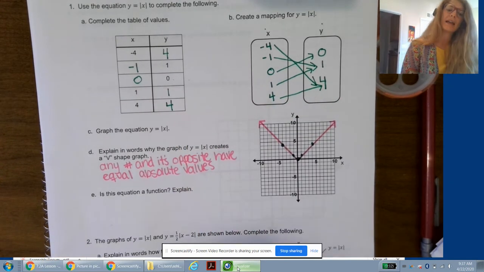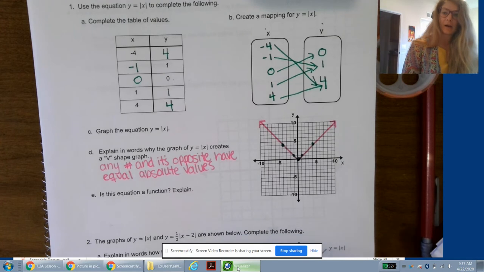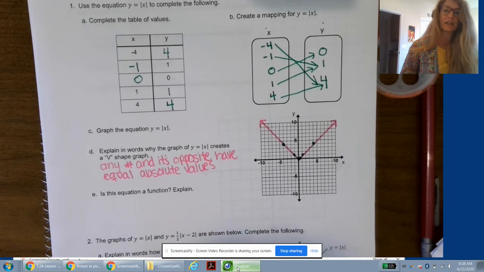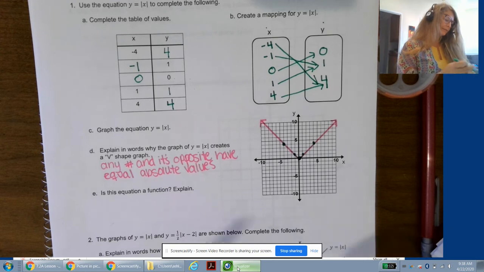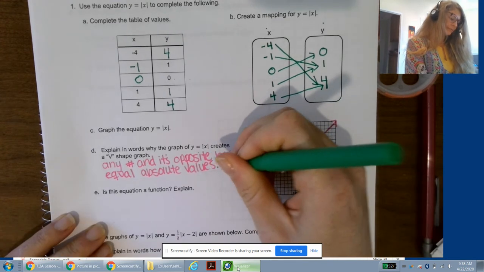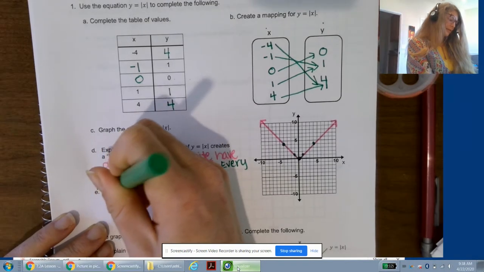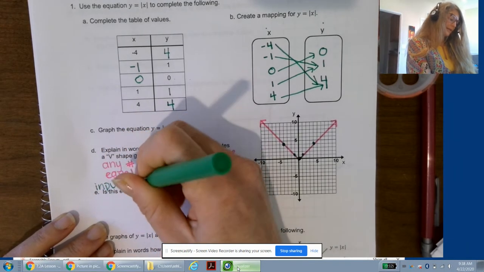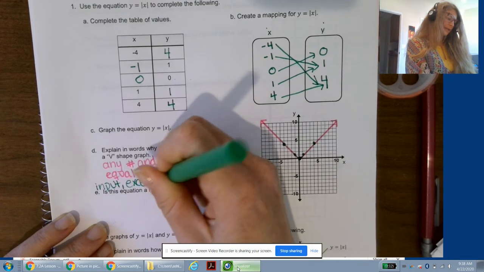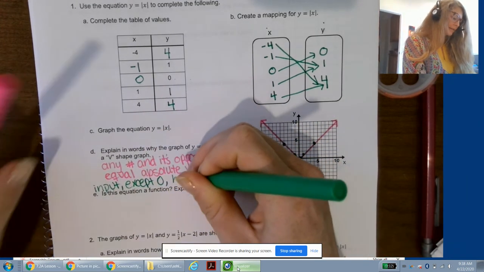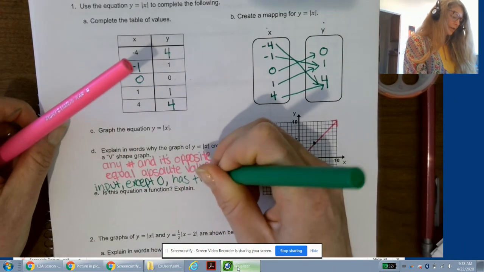We can also say something like the absolute value of any positive number or negative number will always equal a positive number. Therefore, every y value except for 0 is going to relate to two x values. Every input except 0, because 0 doesn't have an opposite, has two outputs.